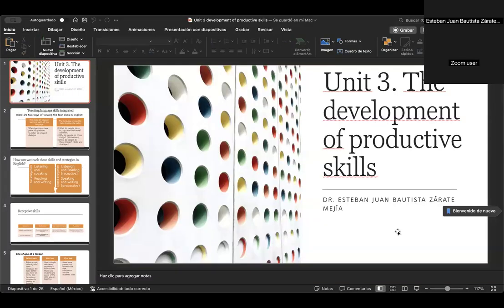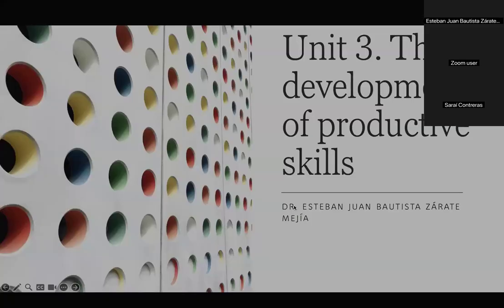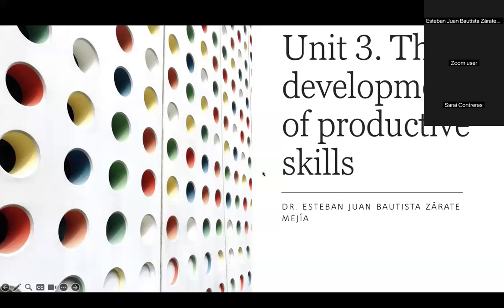Well, good morning. We are going to start giving some insights about unit number three. Number three is about the development of productive skills. When we talk about productive skills, we need to consider those skills that are used for producing language.